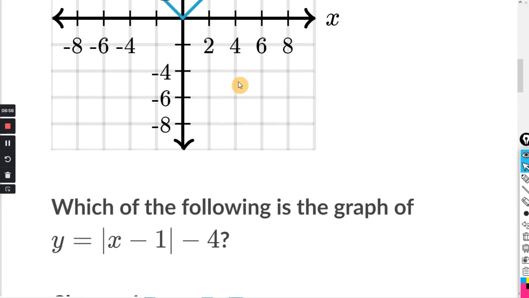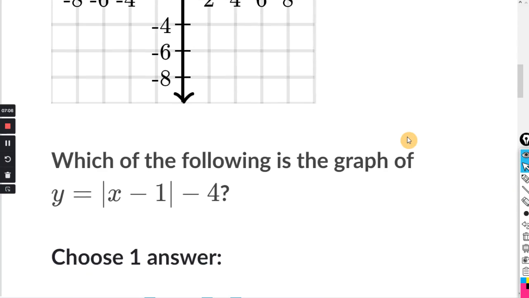Now when you do minus 1 inside the parentheses, it makes it shift right 1 unit. You subtract inside the parentheses, it makes it shift right.